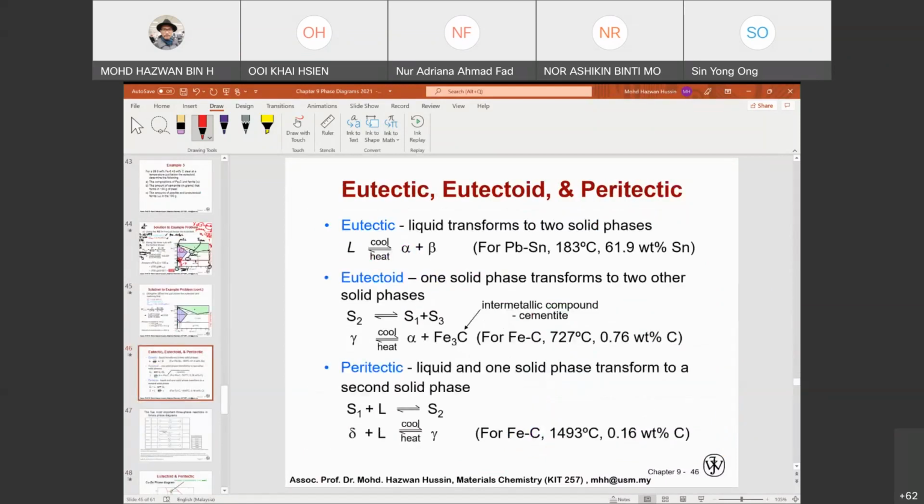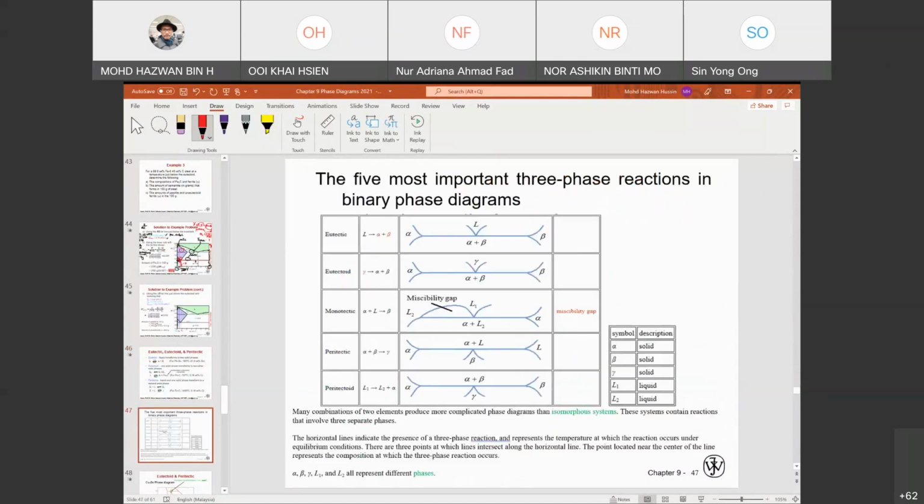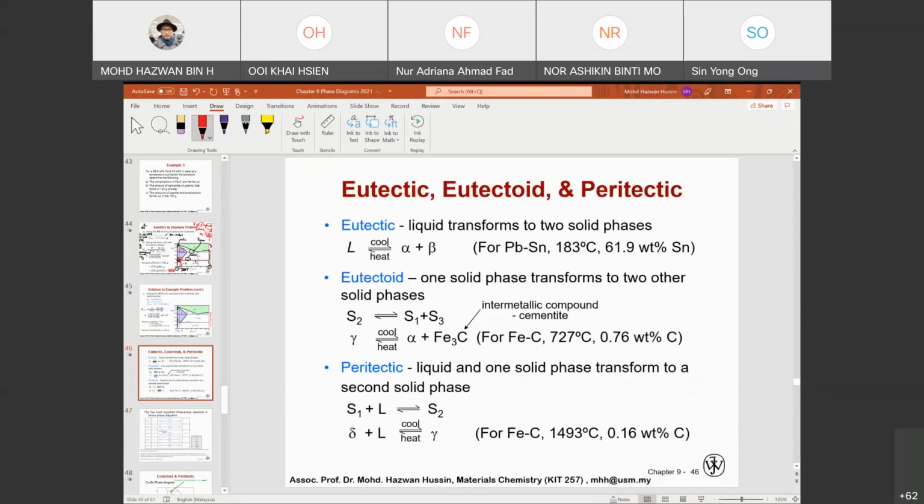So I guess maybe before we end our lecture, let's just go through a few definitions of phase diagram reactions. Earlier, in the eutectic reaction, we have known that eutectic means a liquid that transforms into two solids.